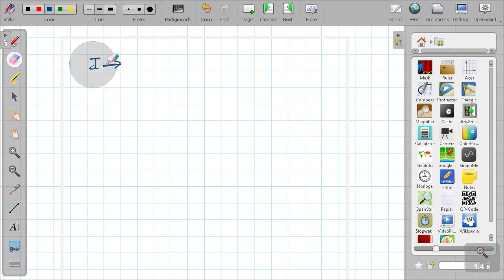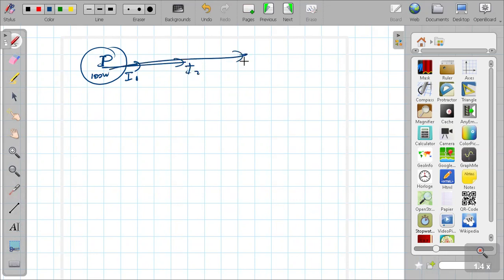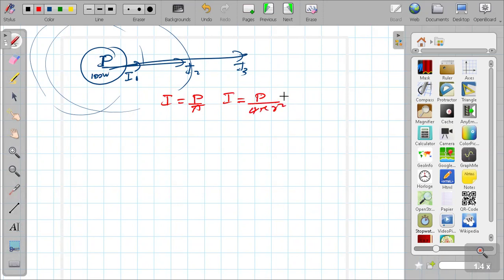You can change the intensity many times. Intensity means, imagine an instrument just emitting some sound. It can emit some intensity I1, here I2, here I3. We know that intensity equals power over area. So the intensity is power over 4 pi r to the power 2.